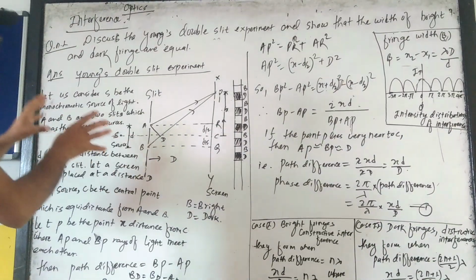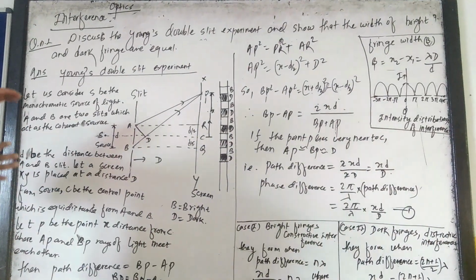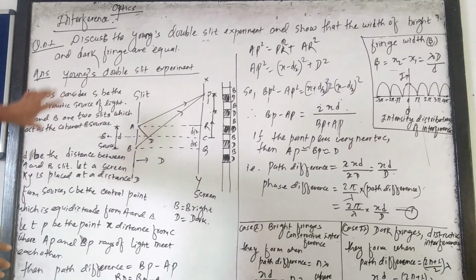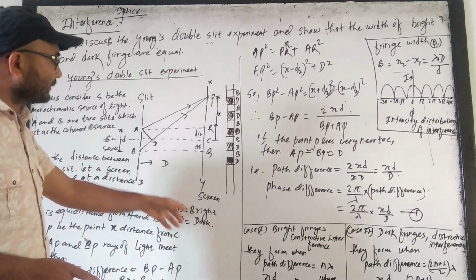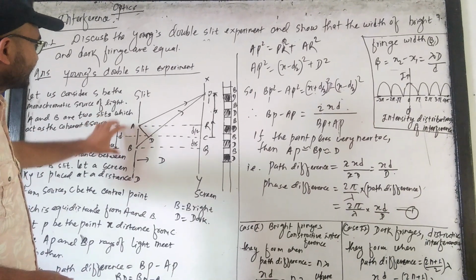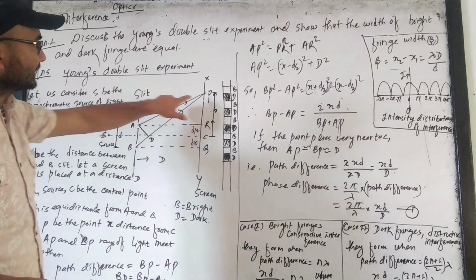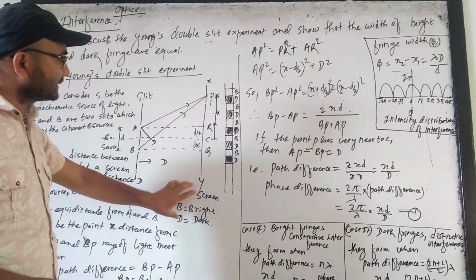That's why Young's double slit experiment proves the different fringes that can appear when the light from the slits strikes the screen.